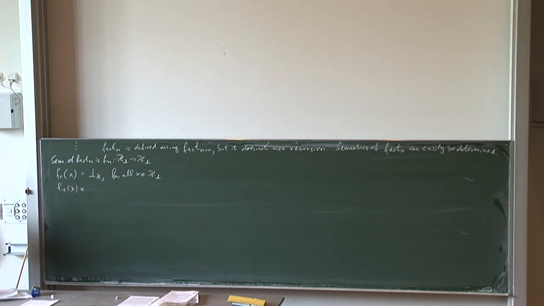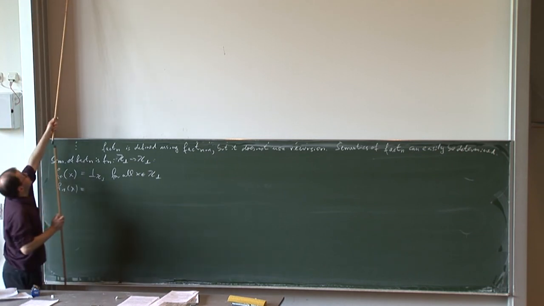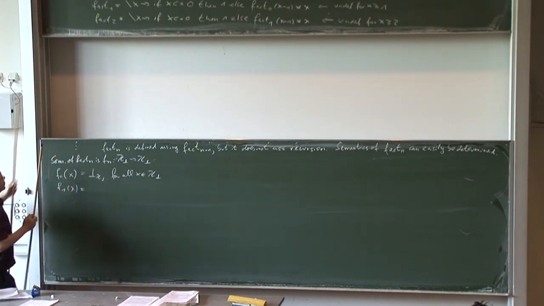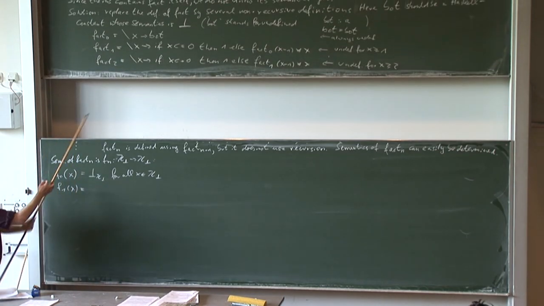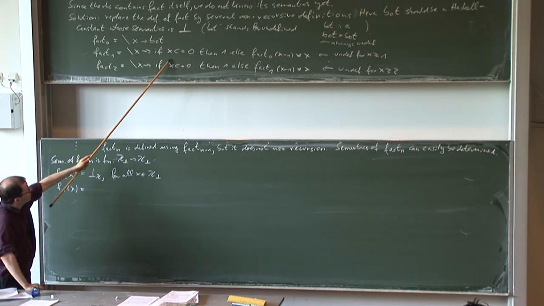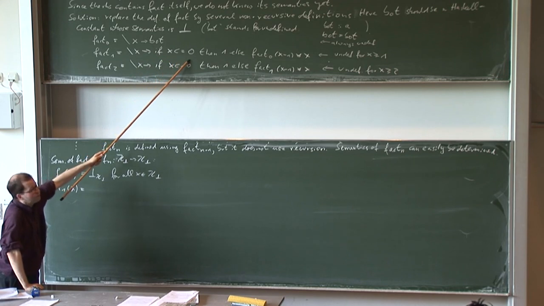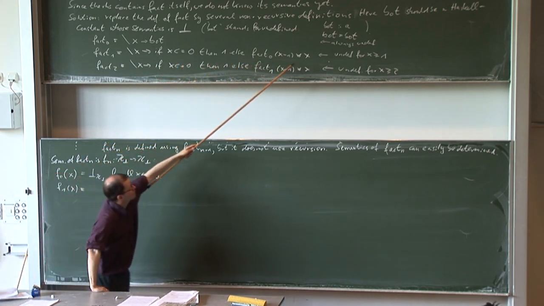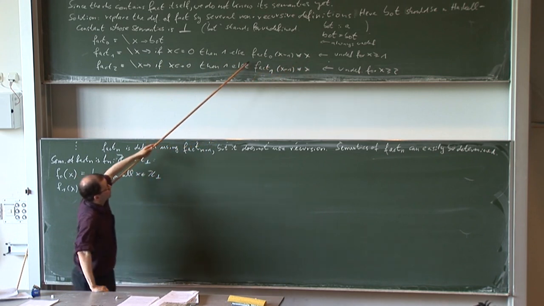So since we know the semantics of fact0, we can also say what the semantics of this right-hand side here is. So what is the semantics of this right-hand side? It's a function which takes an integer. If this integer is less than or equal to 0, then the result is 1. And otherwise, it is the semantics of this stuff here.